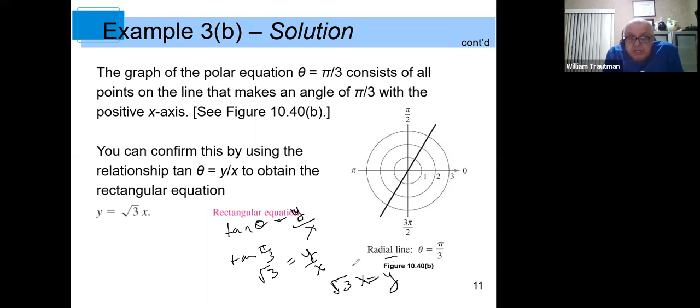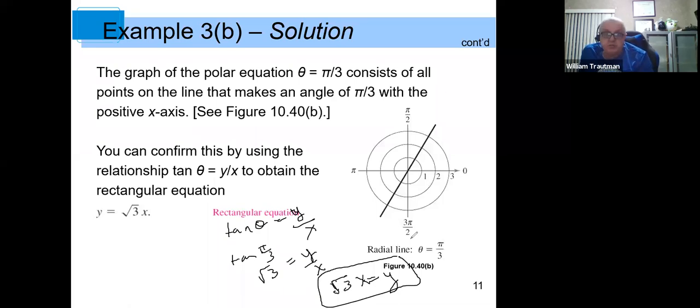And there, that's an equation having x and y in the equation. That's what we want for a rectangular equation. So all we did was take the rectangular polar equation tangent theta equals y over x and plug in the theta. We already said theta was pi over 3, and the tangent of pi over 3 is square root of 3.